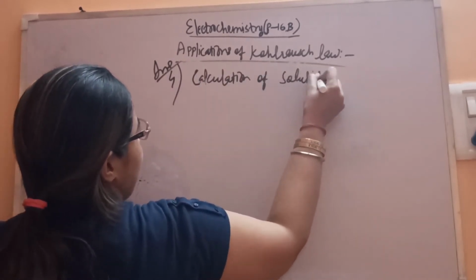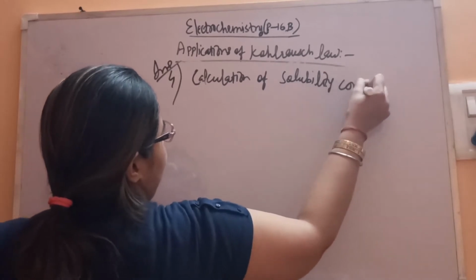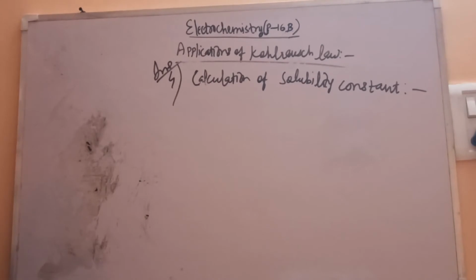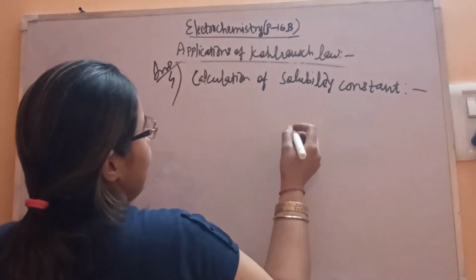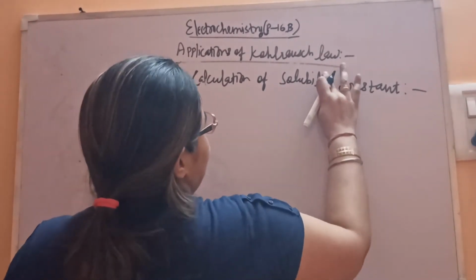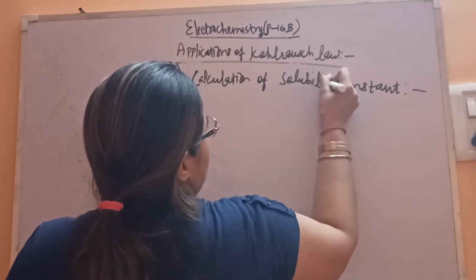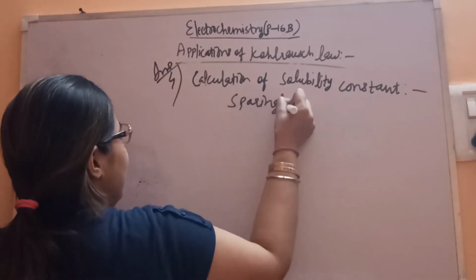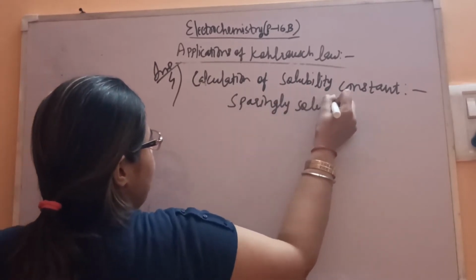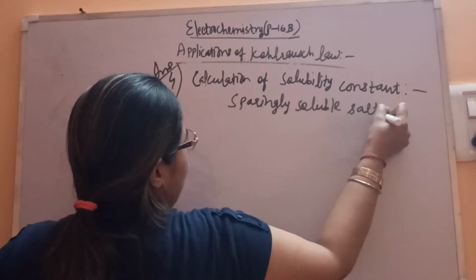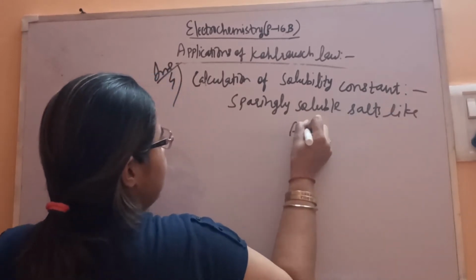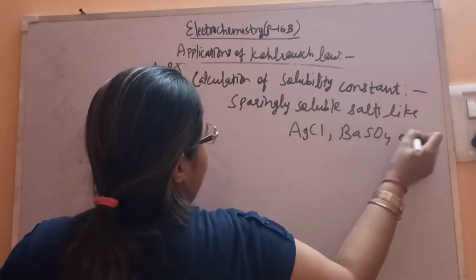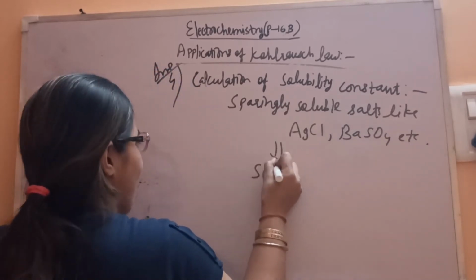All of you know what is solubility, and it is meant for sparingly soluble salts like AgCl, barium sulfate, etc., as their solubility is low.